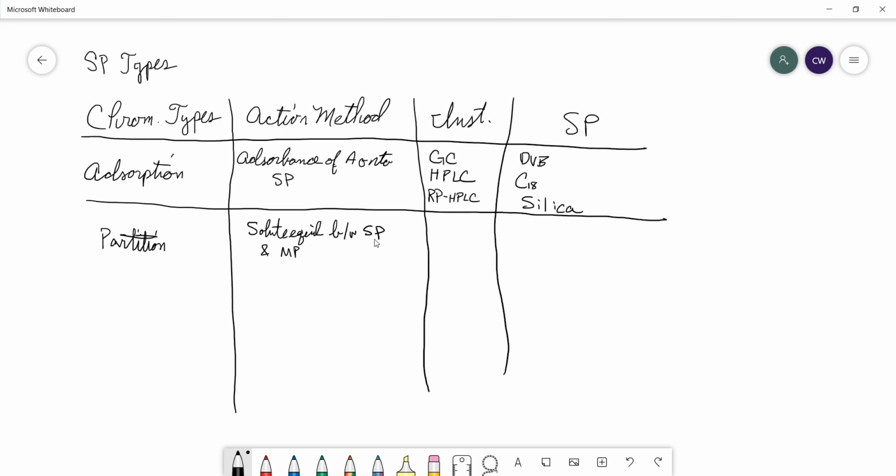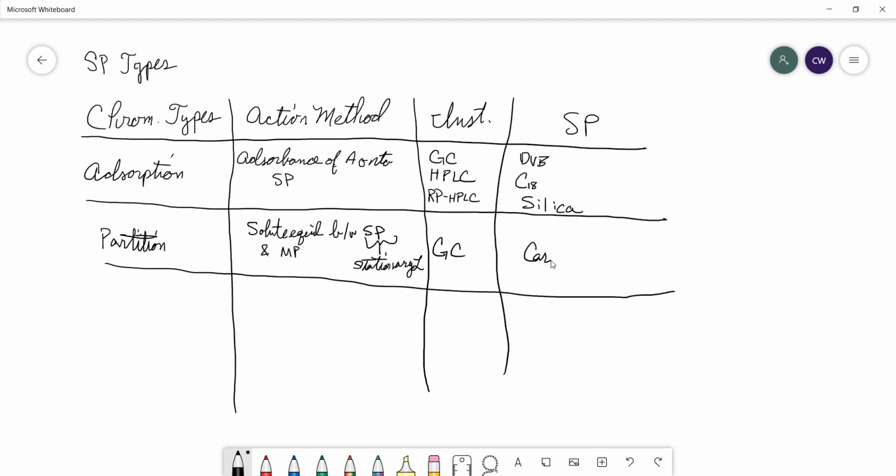In this case, the stationary phase is a stationary liquid. It's almost exclusively used in GC. And the most common stationary phase is going to be carbowax.